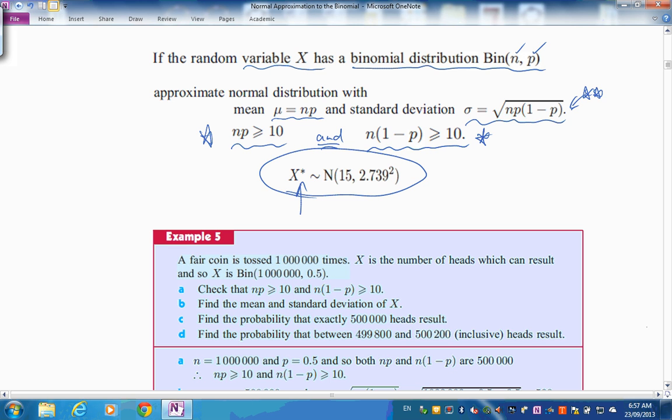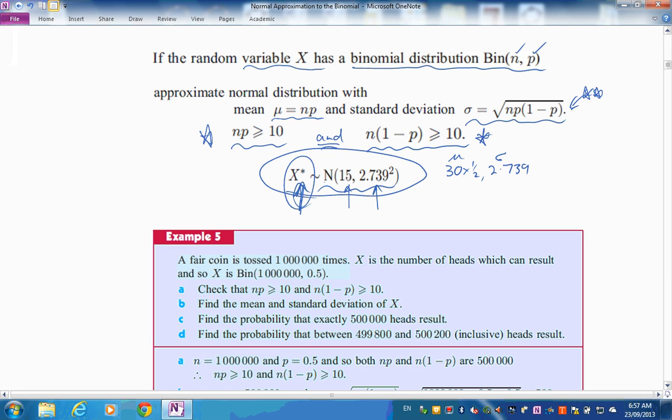The approximate estimation of your X as a normal variable is normally distributed with a mean of 15, and that then from our previous one, that's our 30 times a half, and our previous standard deviation 2.739, so that's our mu and a sigma from above. So that's from the previous example we were doing. So we can say this is the approximate variable which is normally distributed with that.